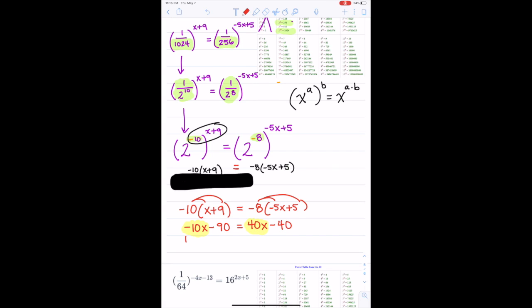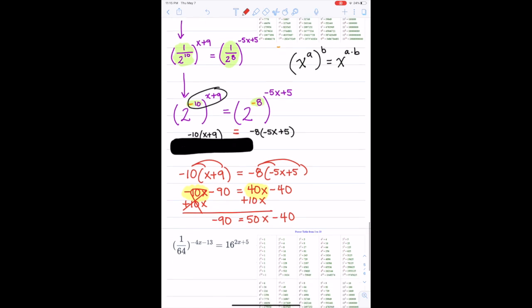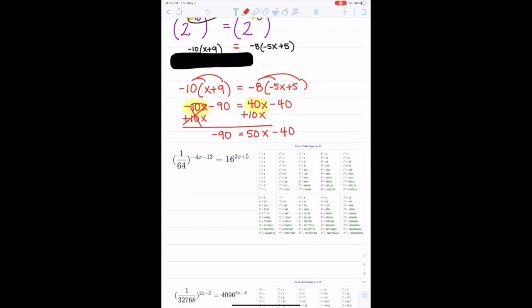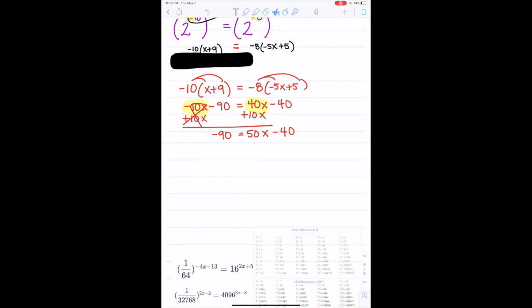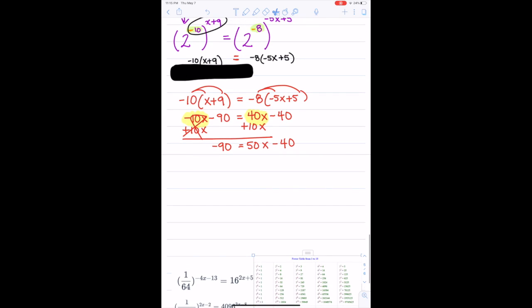So I'm going to add 10x. That will go away. So I get negative 90 is equal to 50x minus 40. Let me move these real quick so I have more space. I rearrange them right now.